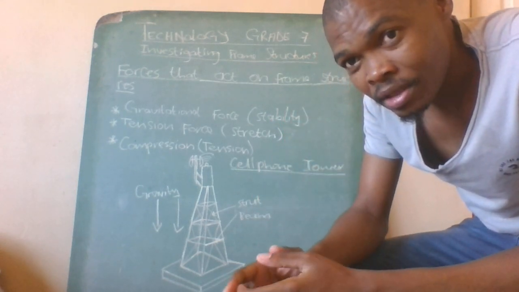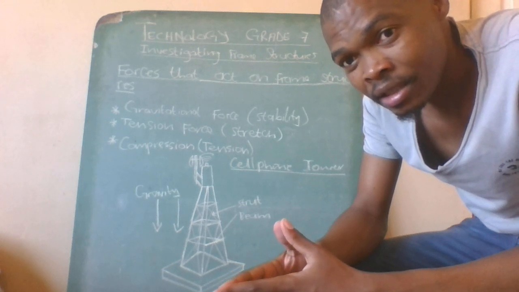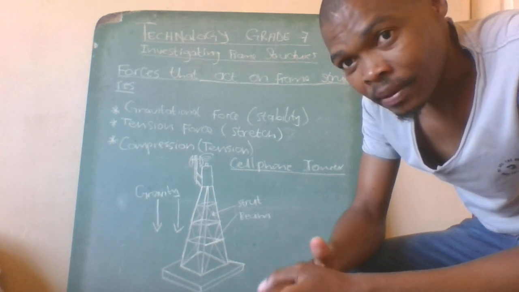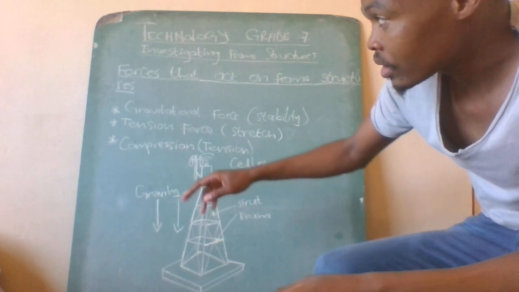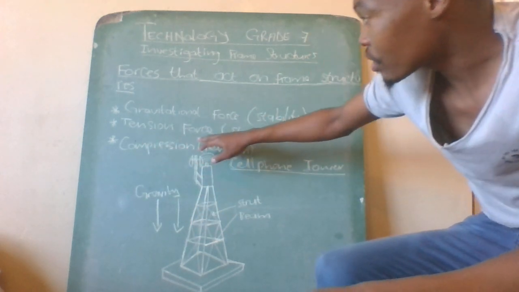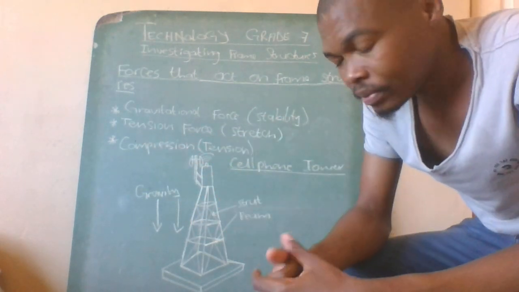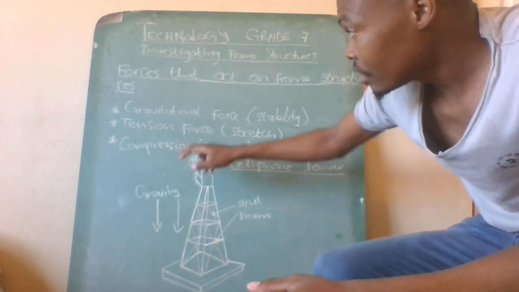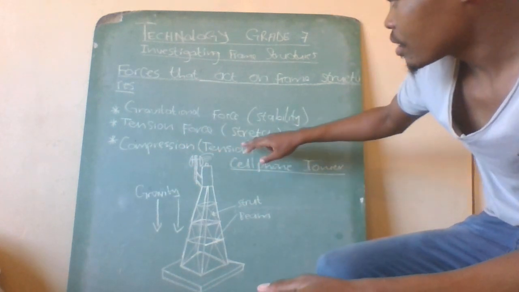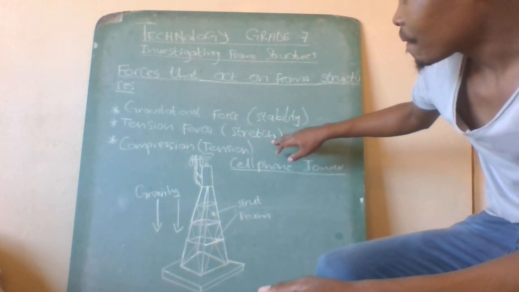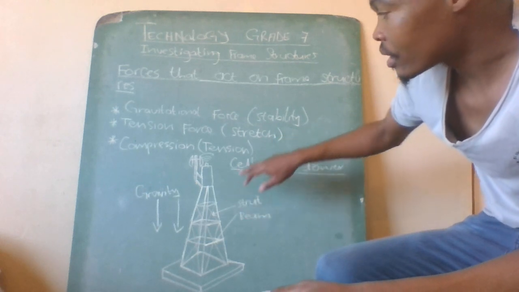What is another force that acts on a structure? Another force that acts on a structure is called tension force. The tension force helps to stretch the object or the structure.